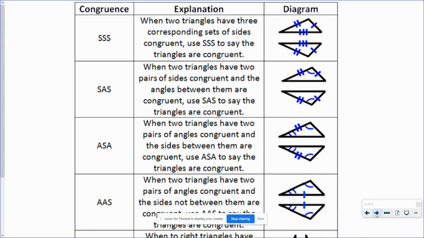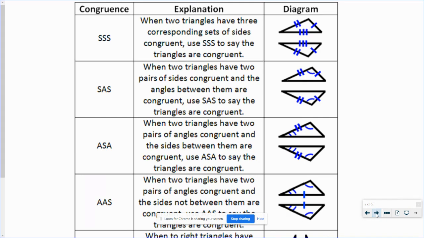What this says is that if we have two triangles and we have three sets of sides marked congruent, so three pairs of sides marked congruent, then we have two sets of congruent triangles by side-side-side congruence. The next one, side angle side, that we abbreviate SAS, says that if we have two triangles where we have two pairs of sides marked congruent and the angle that is included between them, then we can say that they're congruent by side angle side.